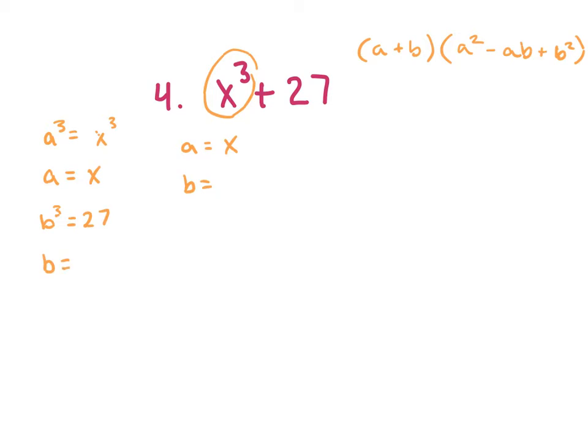Perfect, because 3 times 3 times 3 is 27. So b is 3. Now that we have our a and our b, we just plug it into our formula here. So we have x plus 3 times x squared minus 3 times x plus 3 squared, which is 9.